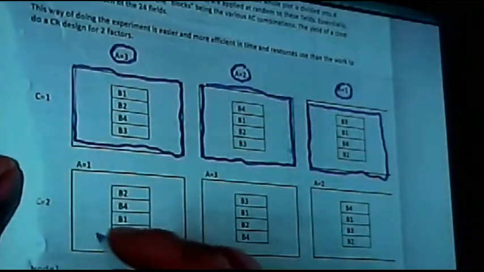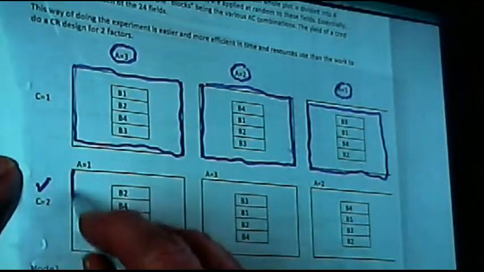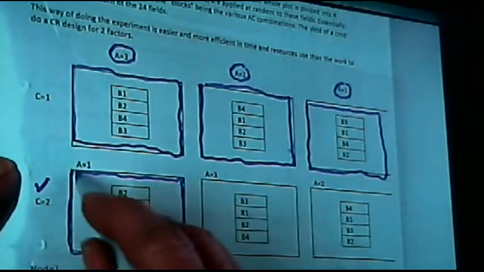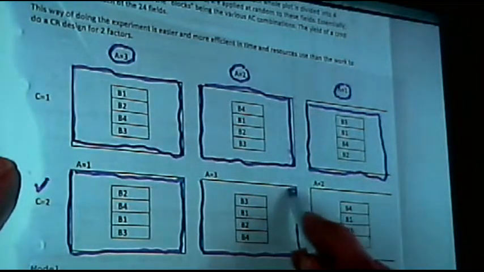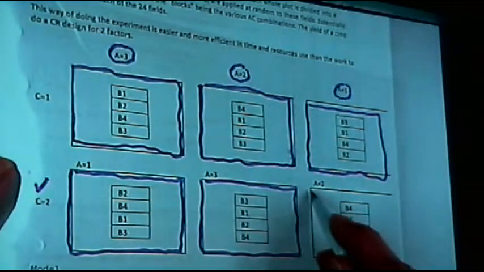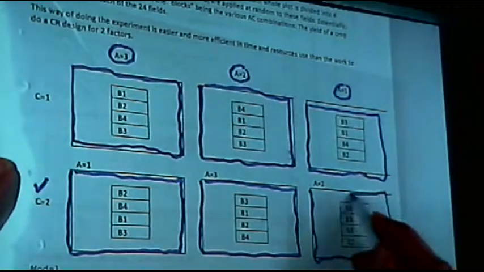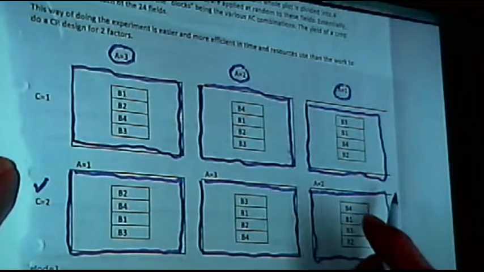So down here you see C is 2 for the second farm. I have a plot of land there, fairly large one, plot of land here, and finally a third plot of land identified here. And I assign the 3 levels of factor A to those 3 plots, again at random.